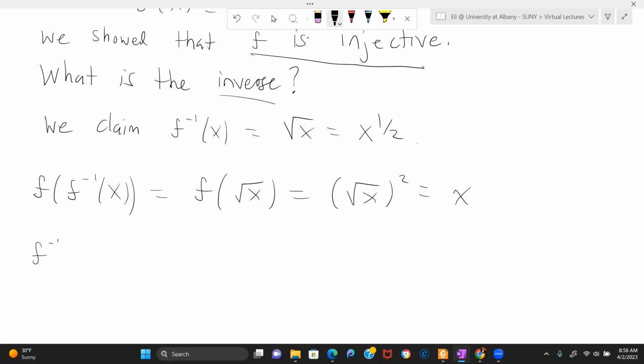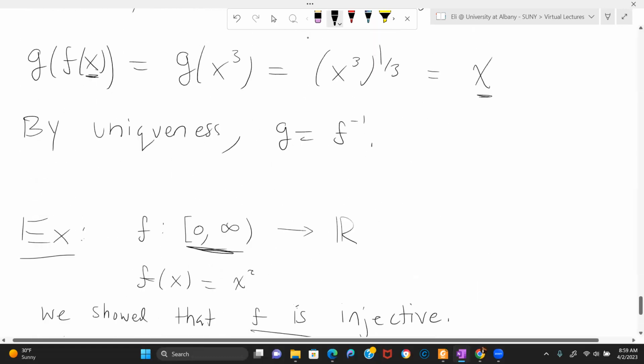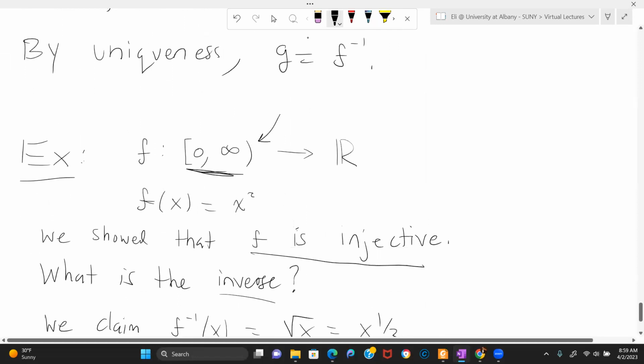What about the other direction? So it's going to be f inverse of x squared, because that's what f of x is. And then f inverse is the square root, so it's going to be square root of x squared. Now this is going to be absolute value of x technically, but what's the domain? It's non-negative numbers.